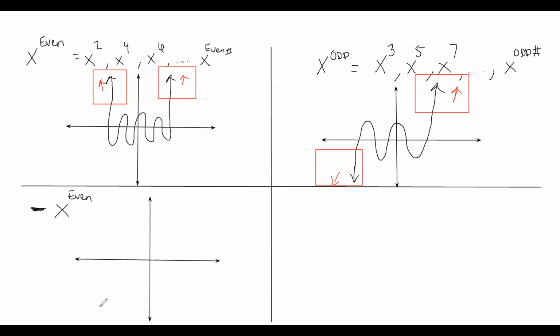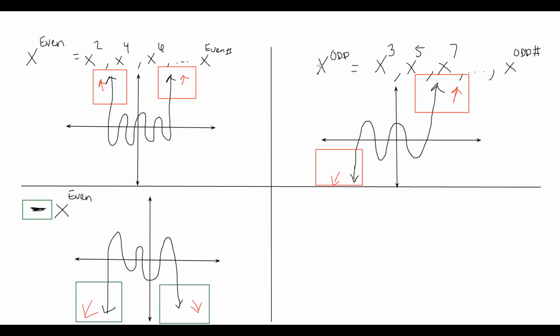What happens when it's negative? They both go down. So I'm going to have my equation go 1, 2, 3, 4, 5, and 6. There you go. They both go down. How do I know? Because they both go down.